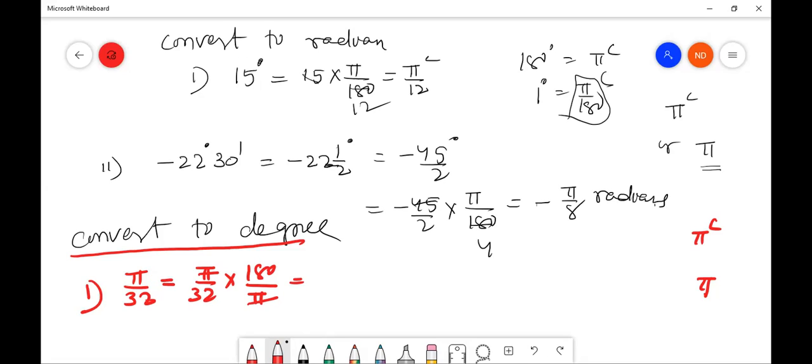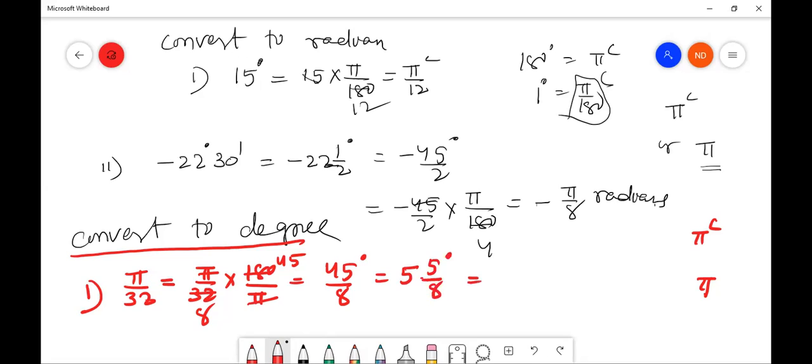You can cancel by 4: 8, 45. So you are getting 45 by 8 degrees. Now 45 by 8 means 5 and 5 by 8 degrees.